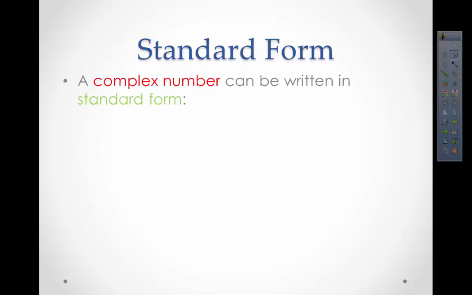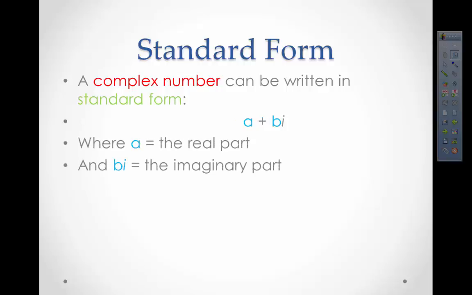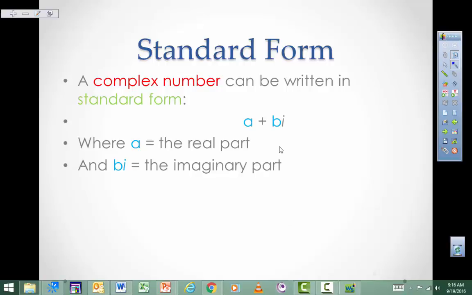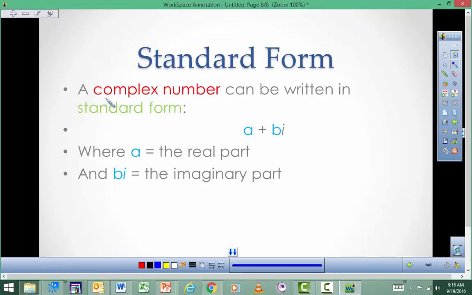Alright, so a little bit more about imaginary and complex numbers. A complex number is written in standard form. It's complex because it has a real part and an imaginary part. So the real part we always write first, and then we write the imaginary part second.